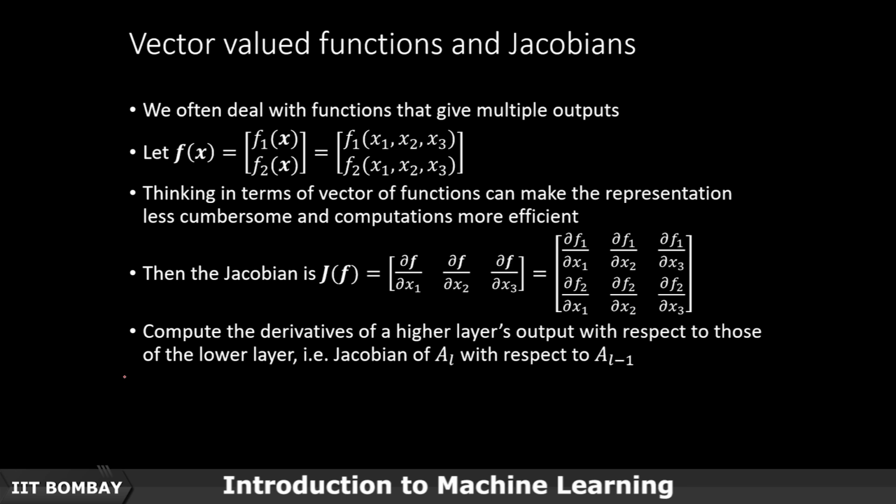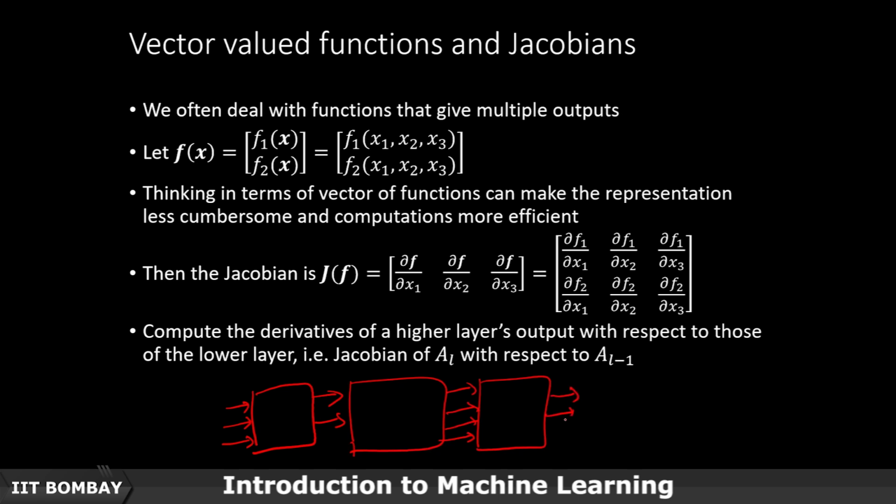and that is going to be the Jacobian matrix. So you can think of a neural network as blocks of functions chained together, where you have multiple inputs to one function, and what comes out are multiple outputs. For example, you could have multiple neurons in that layer, which is a hyperparameter of that layer, and that can be chained into another function, which may have multiple outputs as well, and finally we may have multiple outputs.